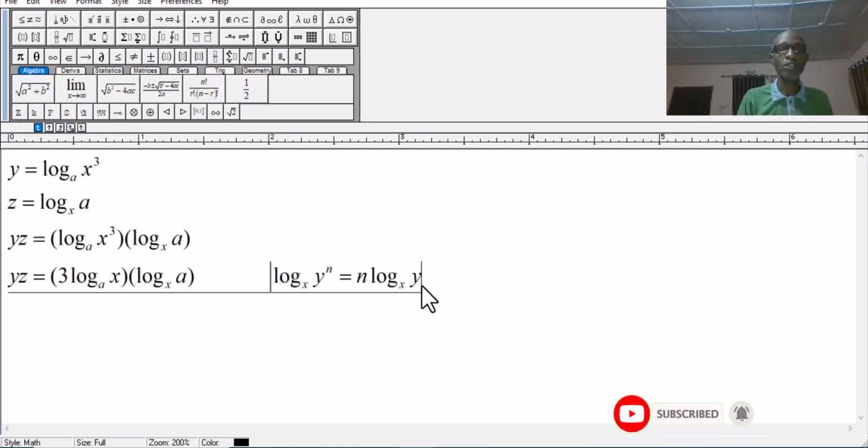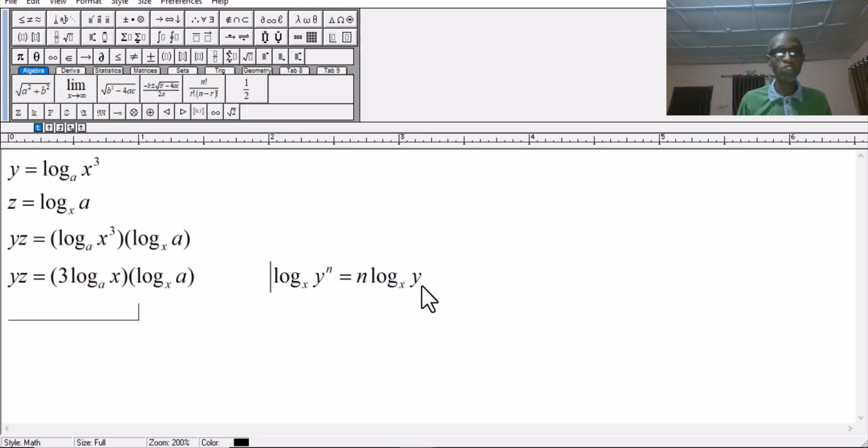Now once we are done, there's another law of logarithm, and that law is that we want to change the base to a neutral base. Let's say we are given log x y. We want to change the base to a neutral base. So we have log, let's say the neutral base is n. So this law is also applicable when we are changing bases.